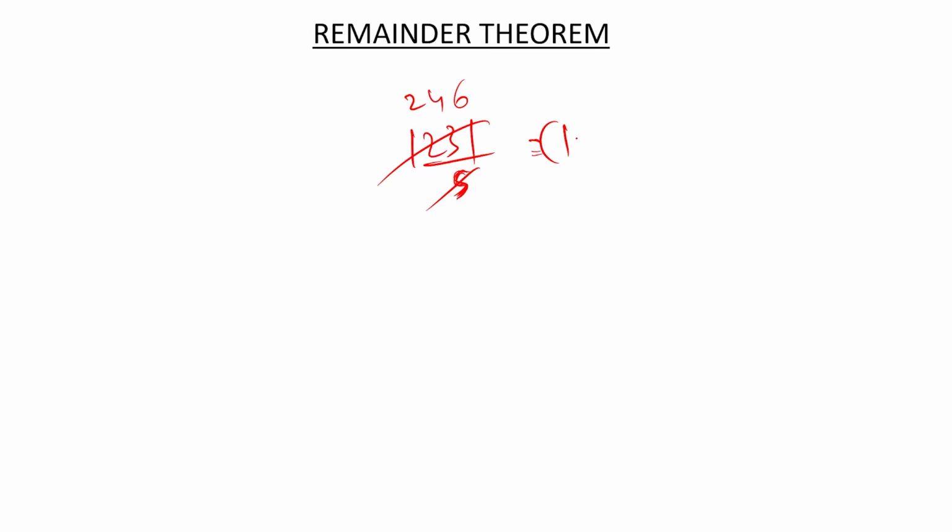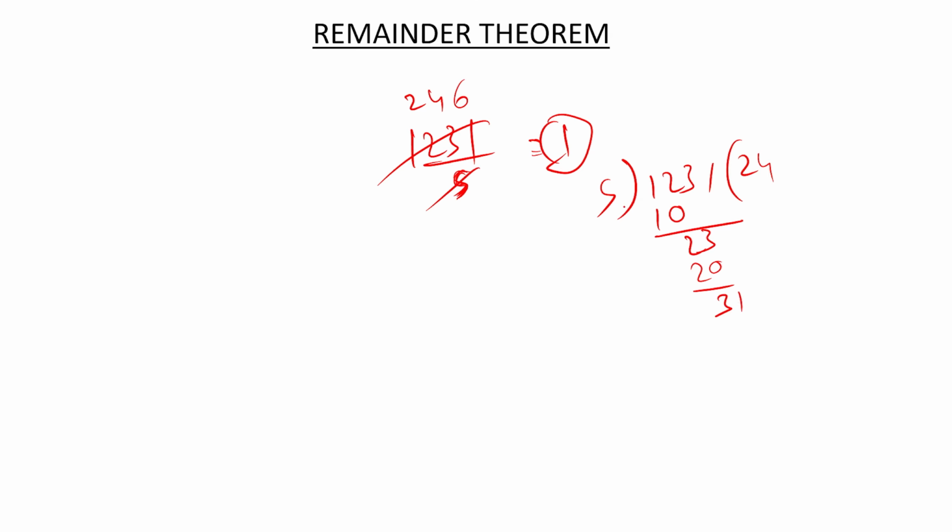So here the remainder is 1. You understand, right? If we were to do it the traditional way, divided by 5: 5 2s, 10, 2 23; 5 4s, 20, 31; 5 6, 30. It also gives the same answer, but it's quite quicker than this one.